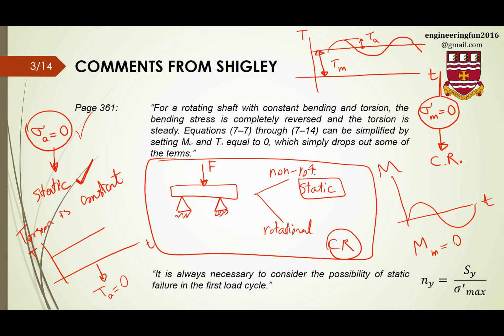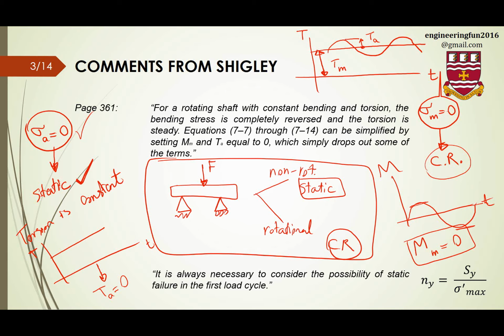So at each point we go from maximum tension to maximum compression. So at each point we see this behavior, we see a fluctuation around the t-axis. So mid-range moment is 0, and when mid-range moment is 0, it means that we have a completely reversed scenario.